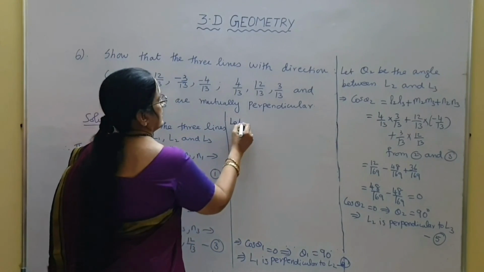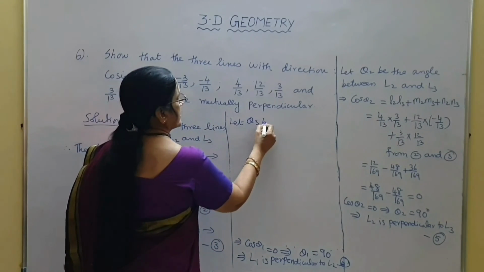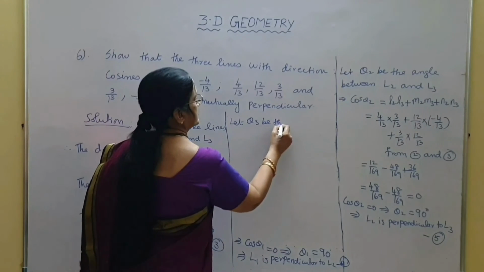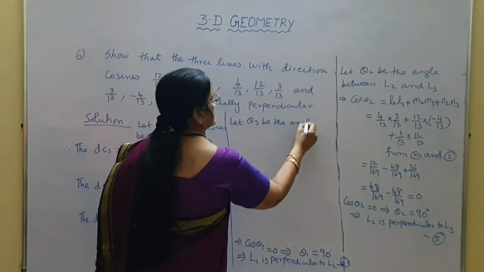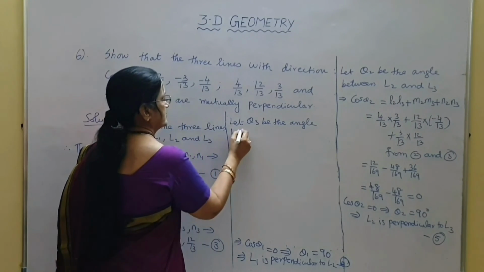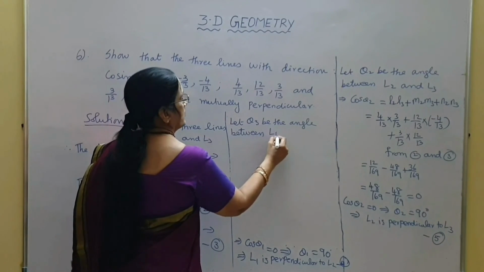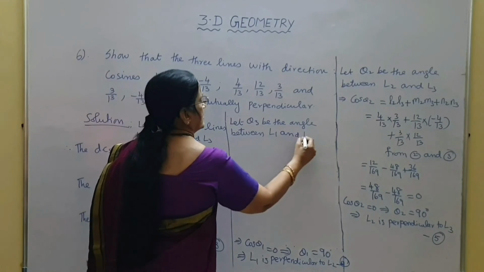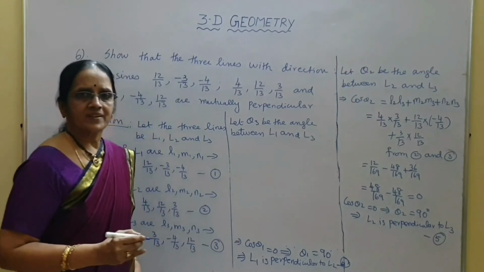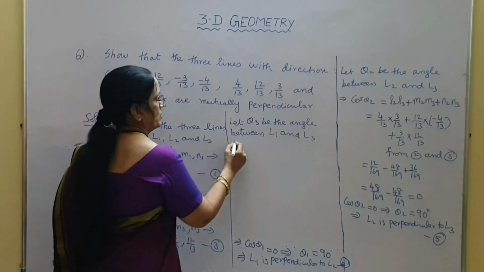Okay. Now, let theta 3 be the angle between L1 and L3. So, what do you know?